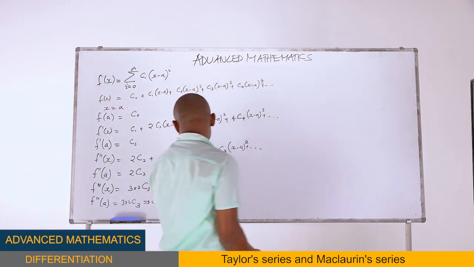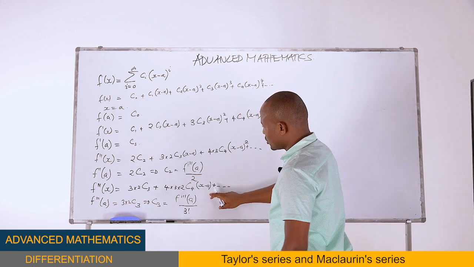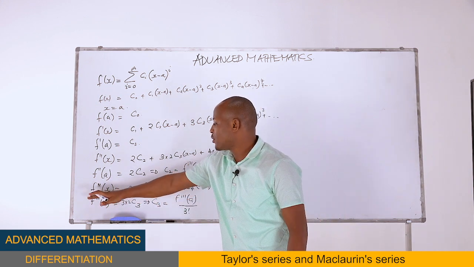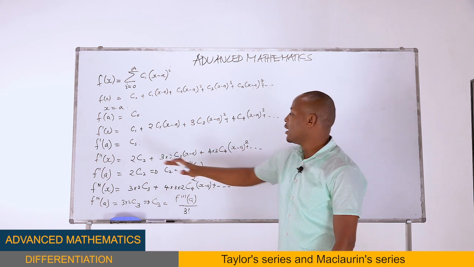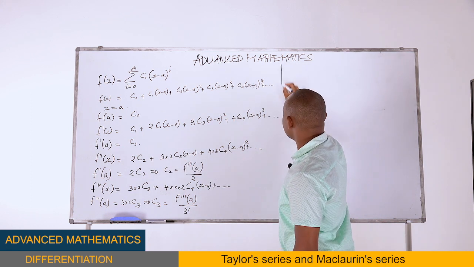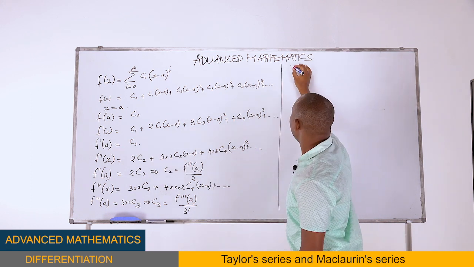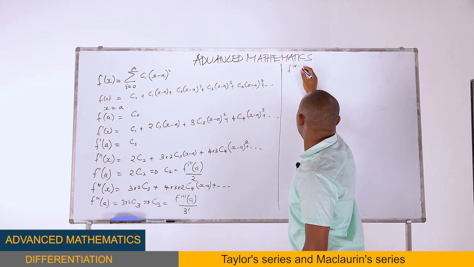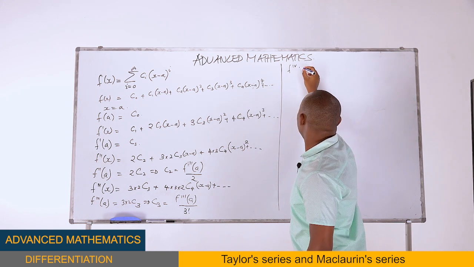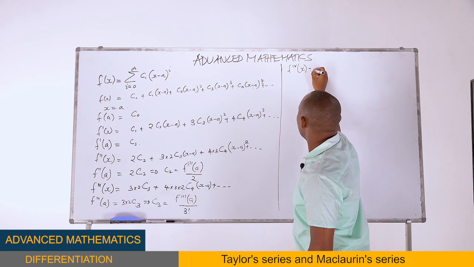Now let's check the value of c sub 4. That means we are going to find the fourth derivative of that equation there. That is to say, we are going to have the following. I'm trying to denote that as the fourth derivative of that function.